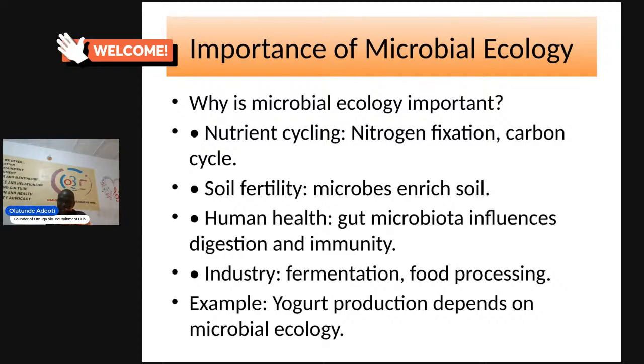as nitrogen fixation, the carbon cycle, and soil fertility, which thereby enrich the soil. Then some of them also assist in human health by assisting in the microbial biota, thereby helping human beings to digest certain vitamins, and they are also very important in immunity.